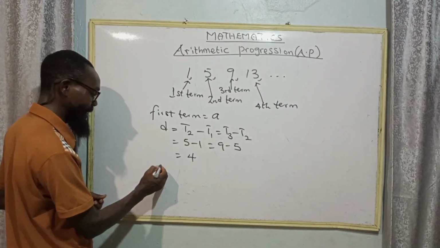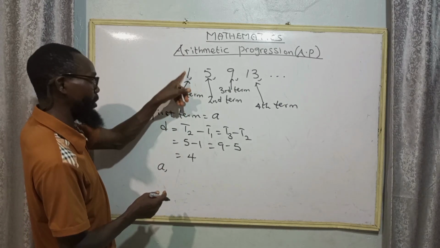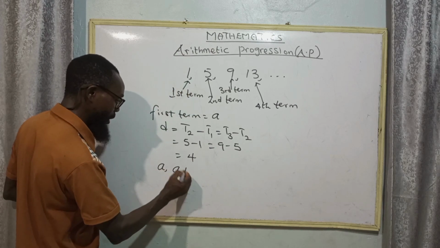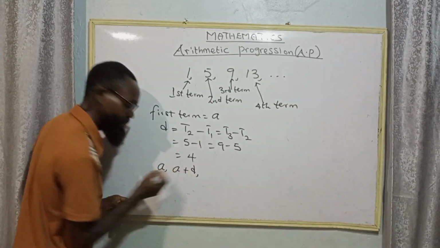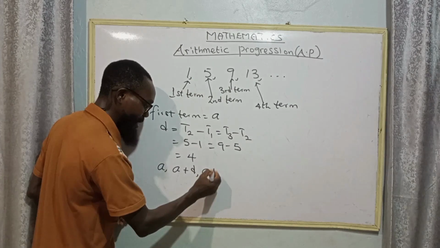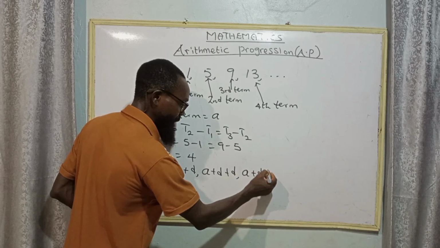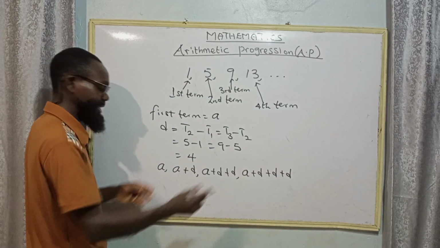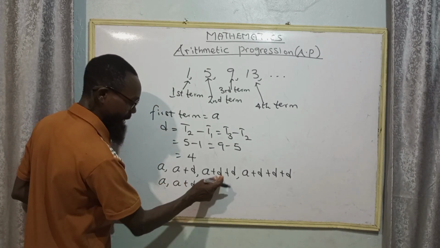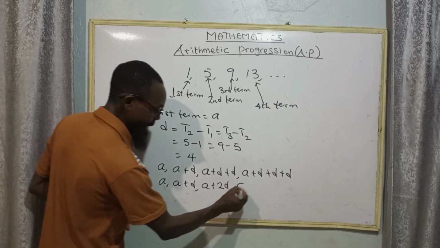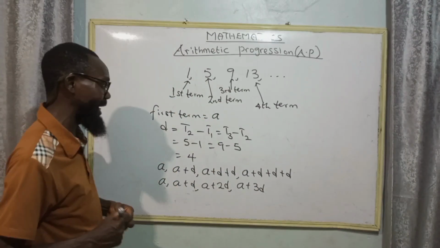If our first term is A, our second term is going to be the addition of 4 to this first term, meaning A plus the common difference, D. A plus D. Then the third term will be A plus D plus another D, which is A plus 2D, while the fourth term will be A plus 2D plus another D, which is A plus 3D.